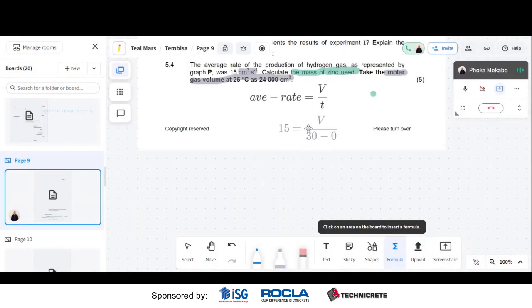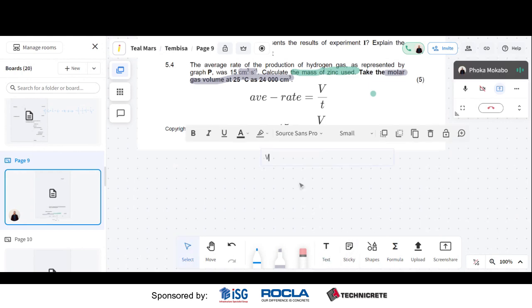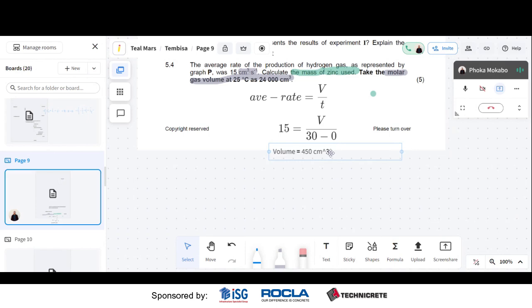And so therefore your volume is equal to 450 centimeters cubed. That would be the volume of hydrogen gas that is produced.